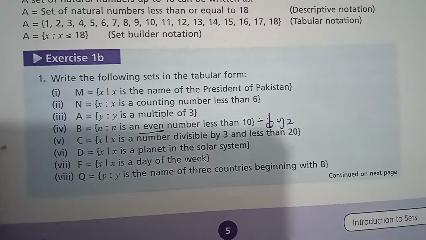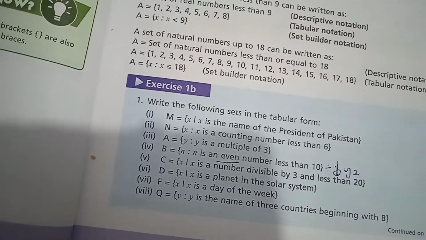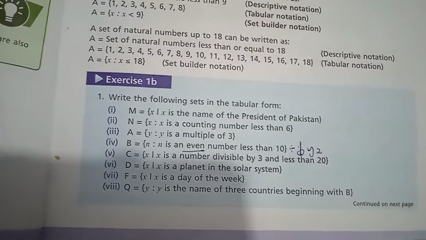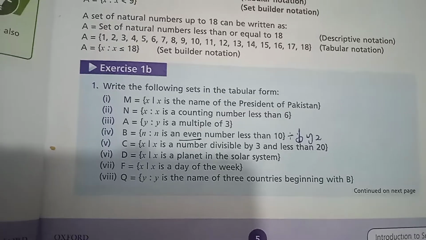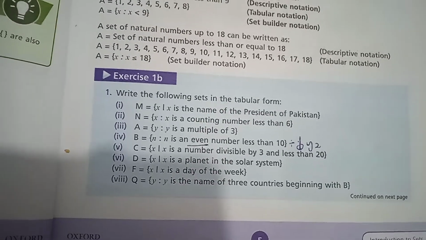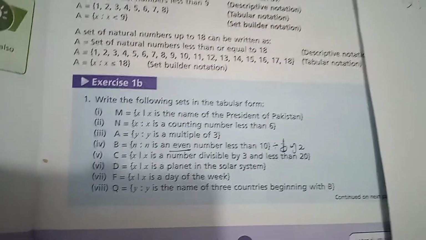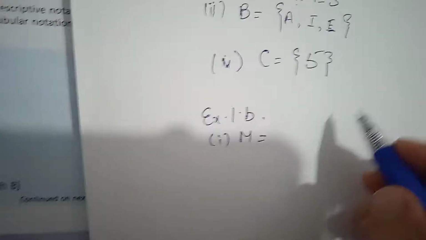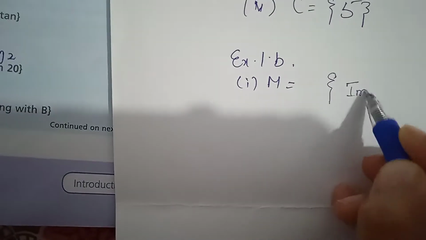So let's start from exercise 1B. Question number 1: x such that x is the name of the President of Pakistan. Now the President of Pakistan is Imran Khan, so we write M is equal to Imran.